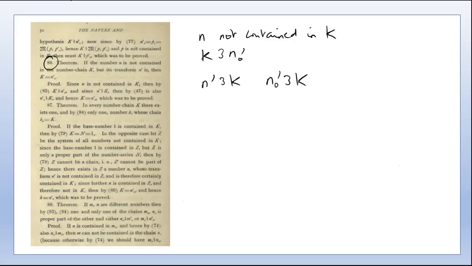So any system which is part of a chain, then the chain of that system is also part of the chain. Hence K is a part of n naught primed, and n naught primed is a part of K. Putting these together using theorem 5, K is equal to n naught primed, which was to be proved.